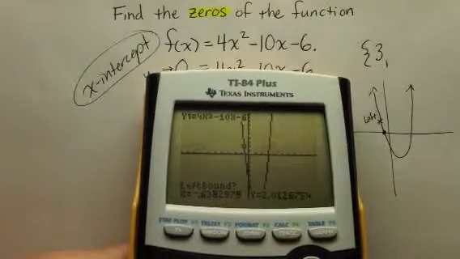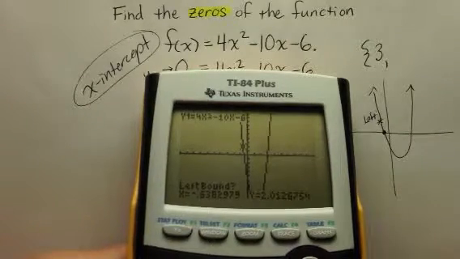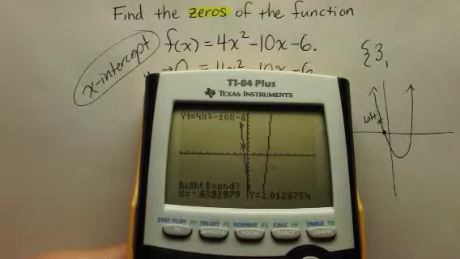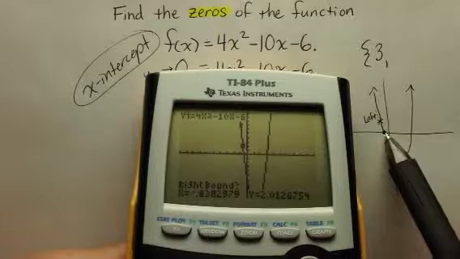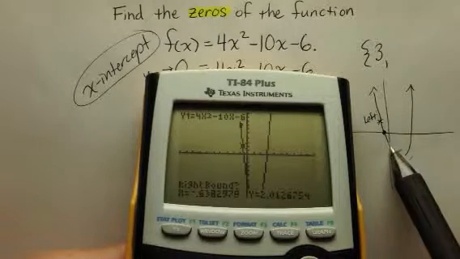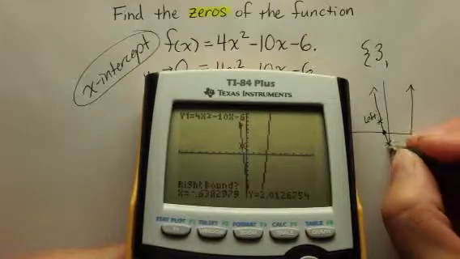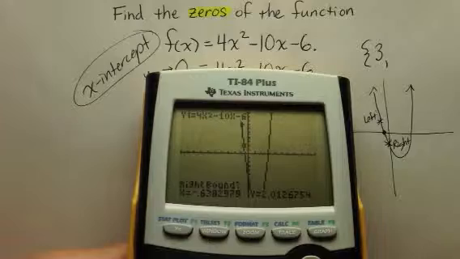So now I know I'm to the left bound of that point. Enter. Now it wants me to be right bound. I've got to go over until I'm to the right of this point. Because it's falling to the right, that's somewhere below the x-axis. As soon as my cursor gets below this, I can hit enter for my right bound.